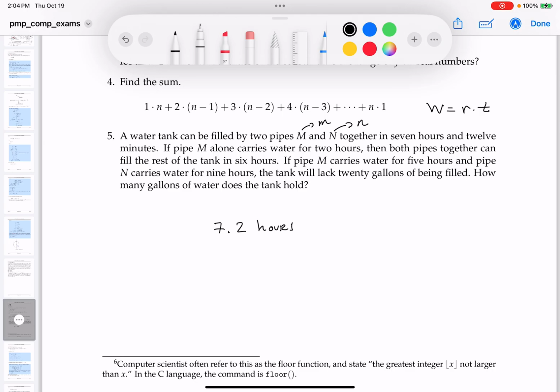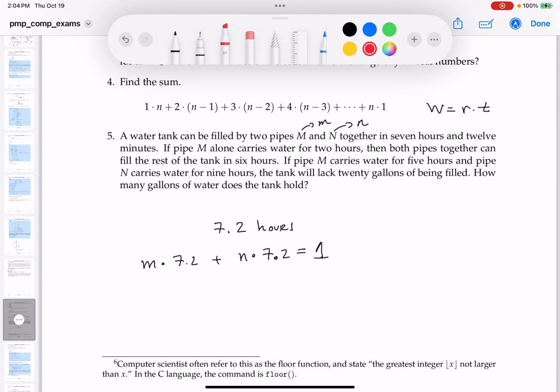So I'm going to do rate times time. So it's going to be m times 7.2 plus n times 7.2. They do one job. All right?